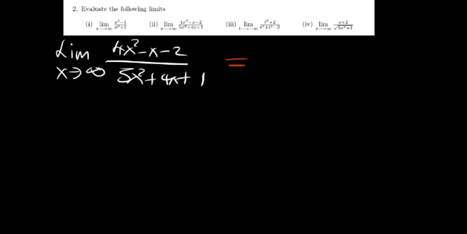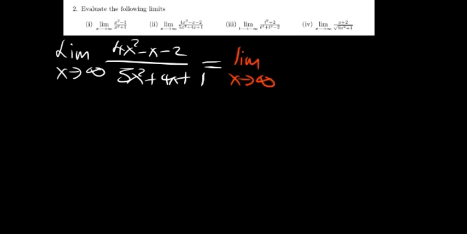The coefficient on top is 4, on the bottom it's 5. So that would be your answer at the end of it all. But you understand that what you're going to do is divide by the highest power, right? Don't forget our predicted answer is 4 over 5.